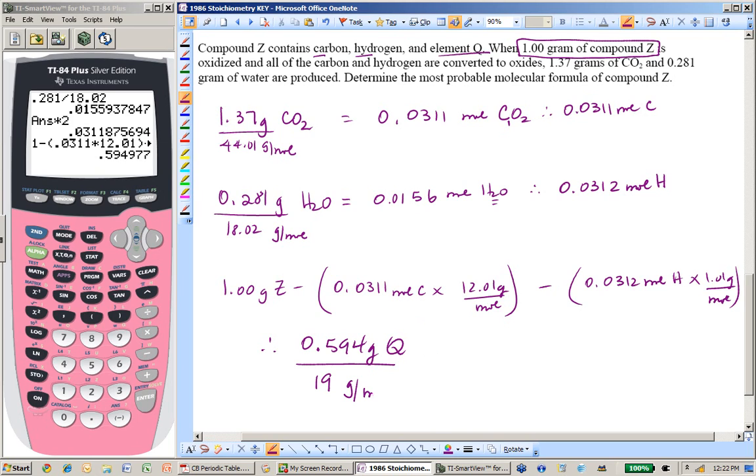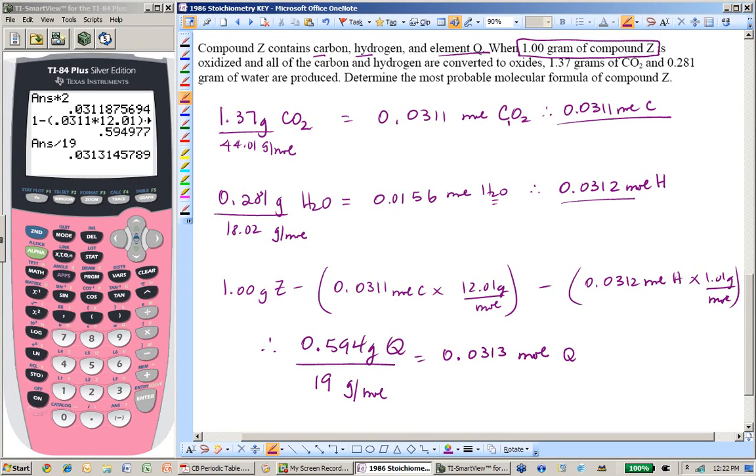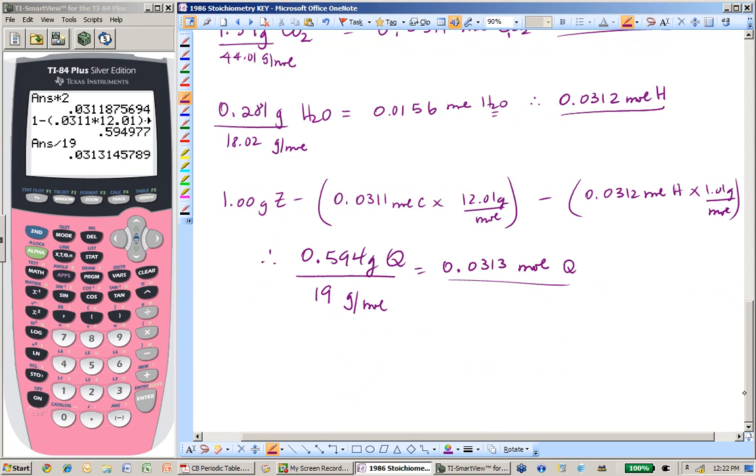Grams per mole equals 0.0313 moles of Q. Okay, so now we got moles of everybody. 0.0311, 0.0312, 0.0313. Yeah, I'd call that all the same. So it's going to be CHQ for our empirical formula. It's 1 to 1 to 1 for the empirical formula.